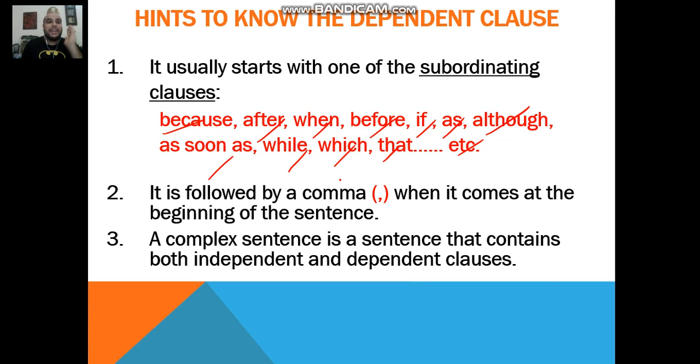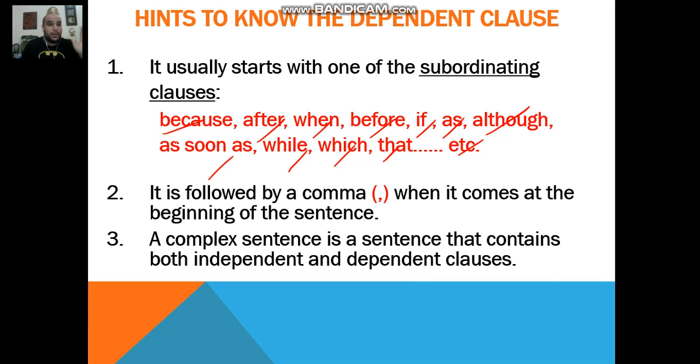Those are enough for grade 5 and grade 6. Whenever you have a clause that starts with because, after, when, before, if, as, although, as soon as, while, which, that, it's a dependent clause.